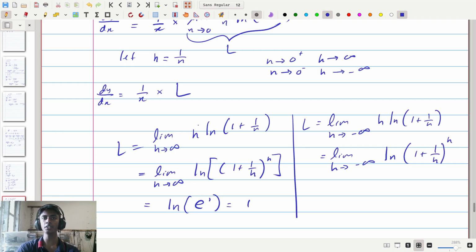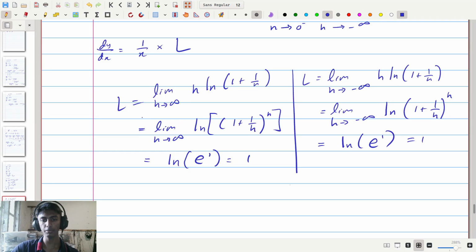Now this I actually didn't discuss within my previous video, but even at negative infinity, 1 plus 1 divided by h to the power of h is also equal to e. So this internal part here is also equal to e. So here what we have is the logarithm of e to the power of 1, which once again is equal to 1. So since the two limits are agreeing, then L is definitely equal to 1. So therefore we have L is equal to 1.